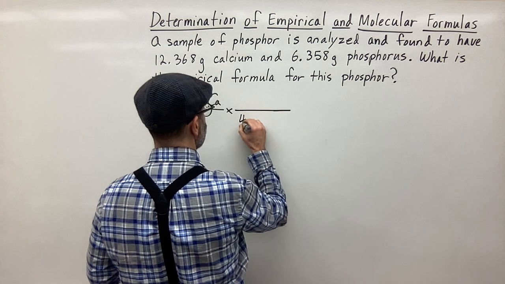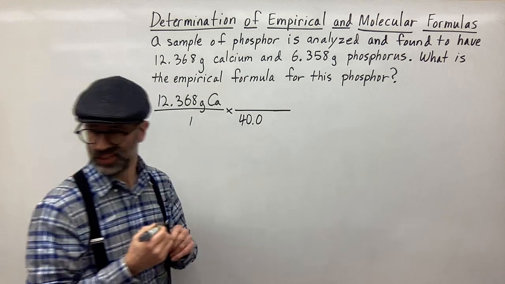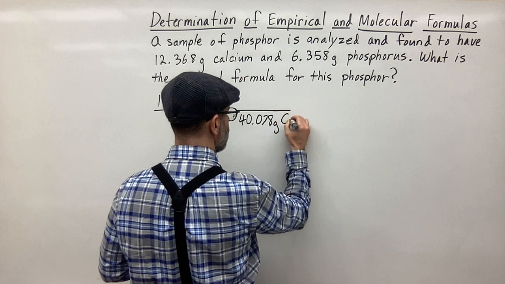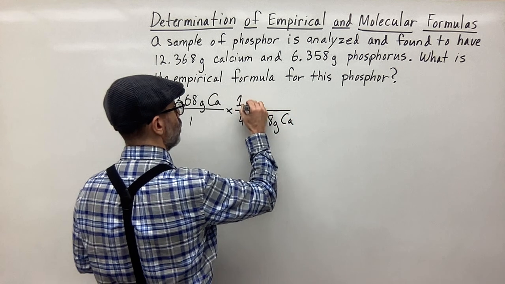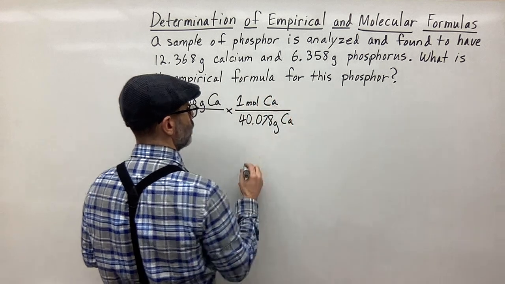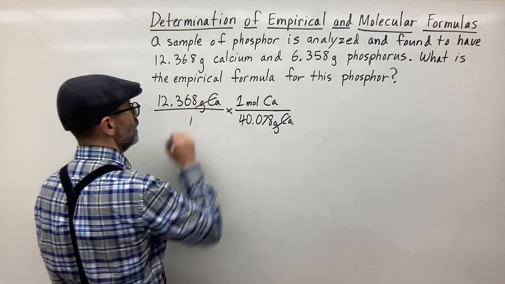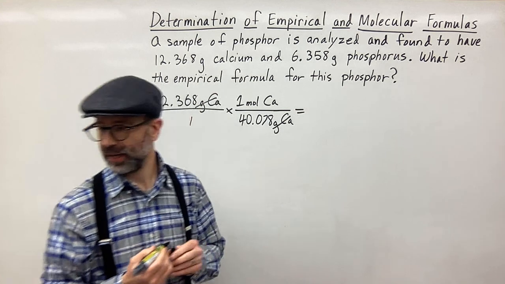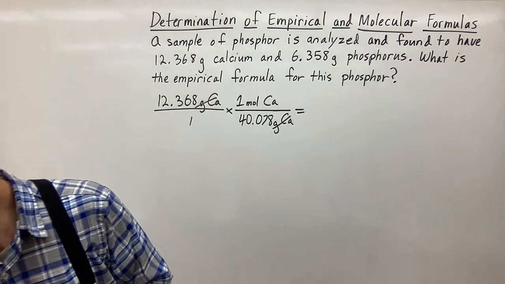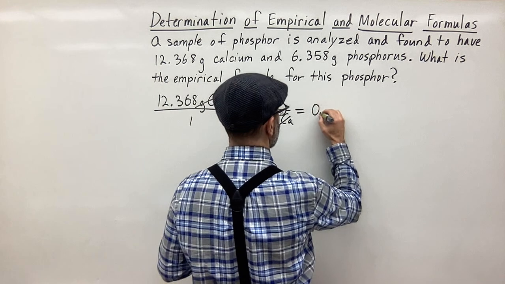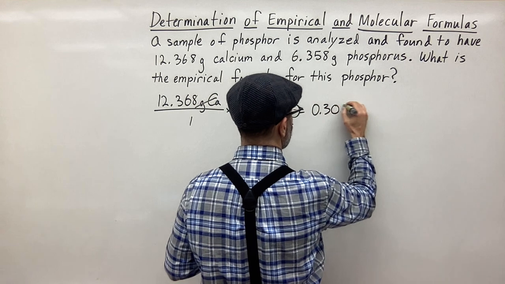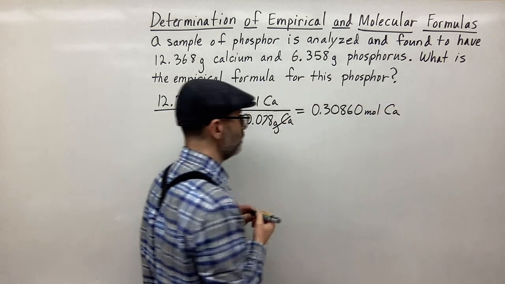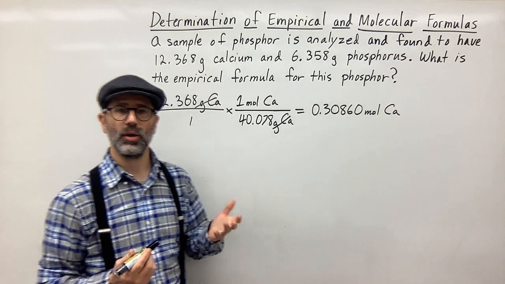So I'm going to put 40.078 grams of calcium on the bottom and 1 mole of calcium on top. So grams cancel out. So now I have moles. And so when I calculate that out, I get 0.30860 moles of calcium.